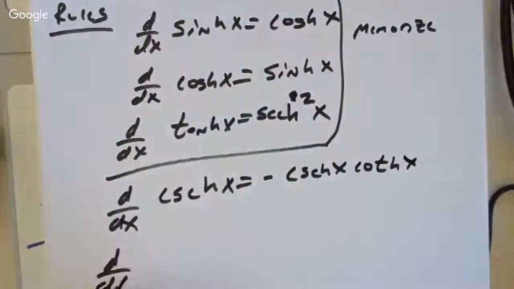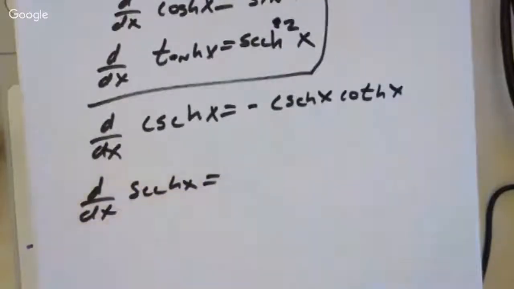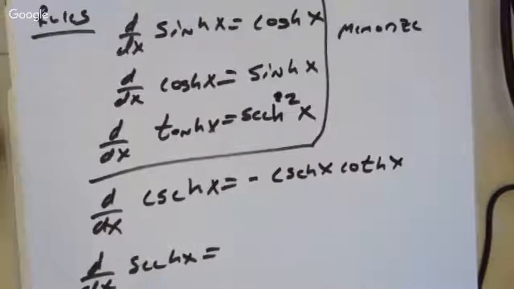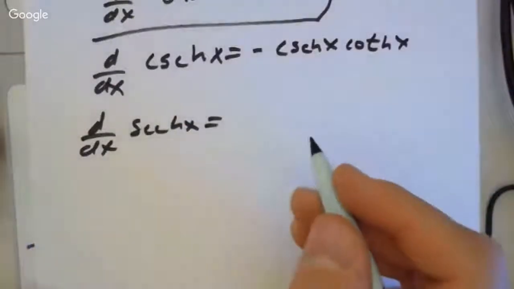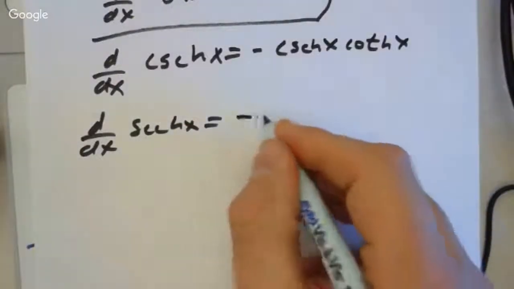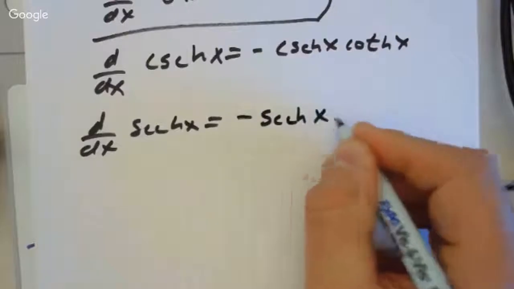The derivative of secant hyperbolic is equal to negative secant hyperbolic, tangent hyperbolic x.